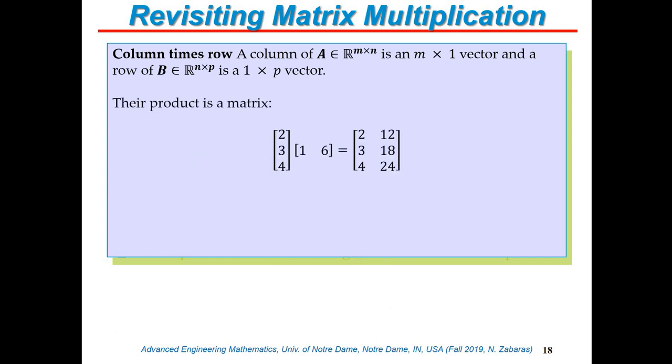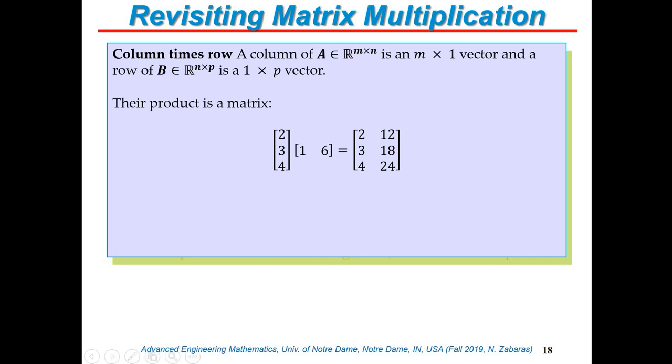Here is an example of a column vector, let's say from A, with a row vector from B. This gives you this interesting matrix, and I call it interesting because if you look at the columns, the second column is 6 times the first column of this matrix. Can you see that?